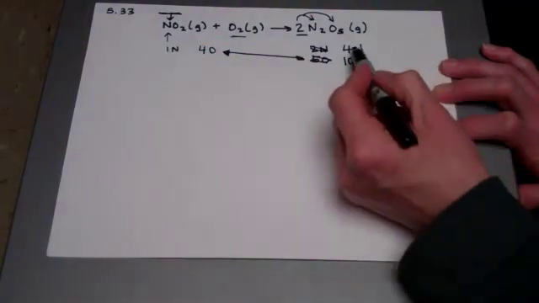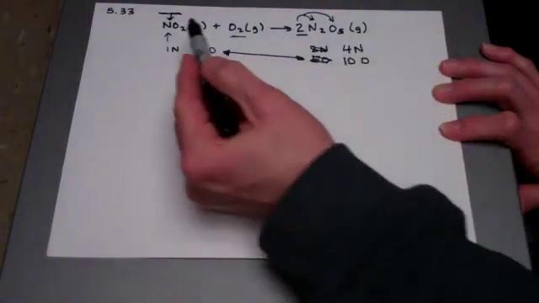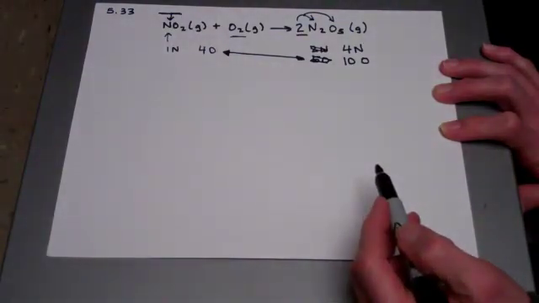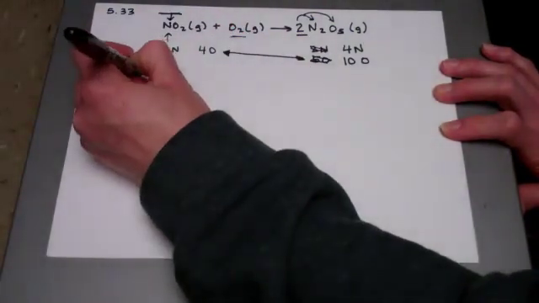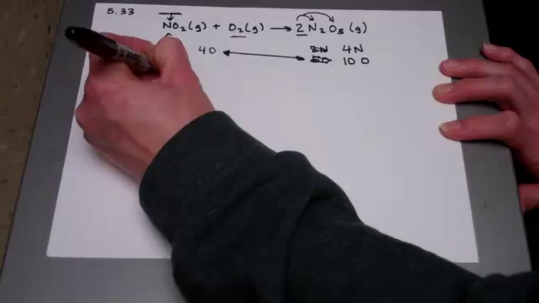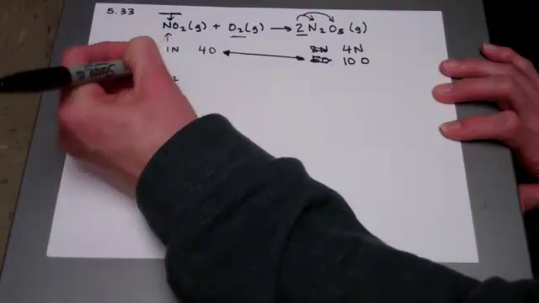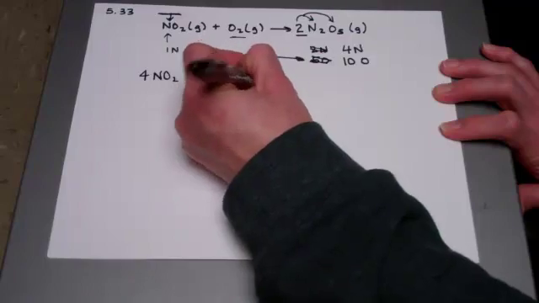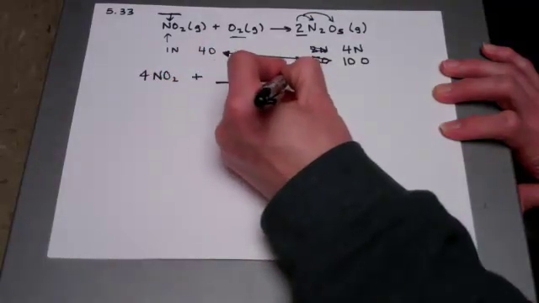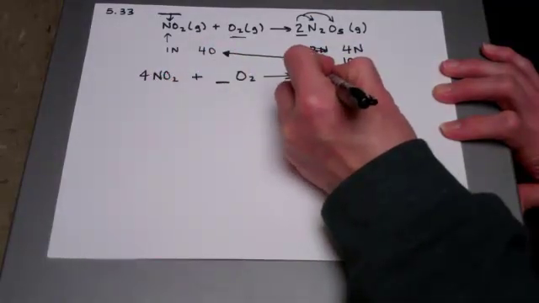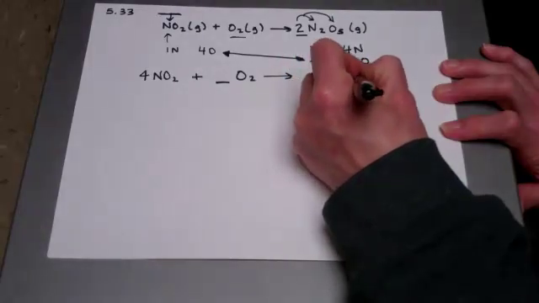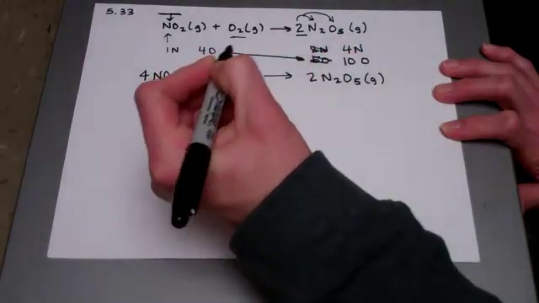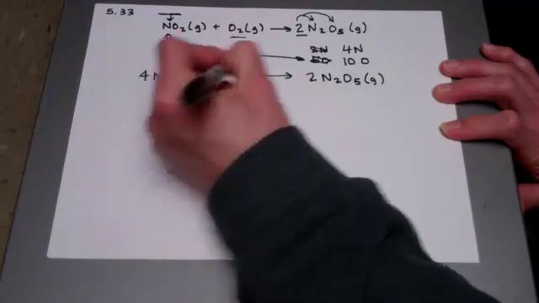So now I need to get 4 nitrogens. I'm going to be able to accomplish that with this compound by adding a 4 in front of this one. So if I have 4 NO2s plus, we don't know how many O2s yet, we're still working that out, and I'm going to have 2 N2O5 units here, and that's still in the gaseous state. So these are still all gases.